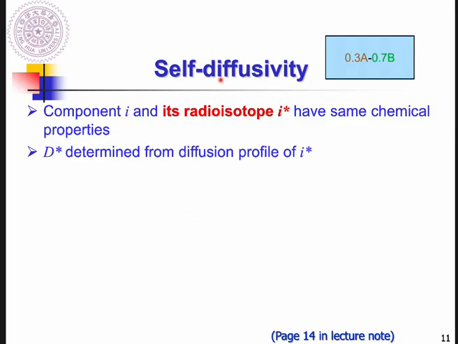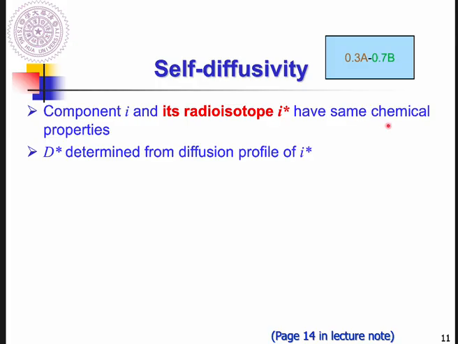So the only way to measure the self-diffusivity in a chemically homogeneous material is to implant the radioisotope I star. Because you label them, you have a chance to visualize or trace their movement path.